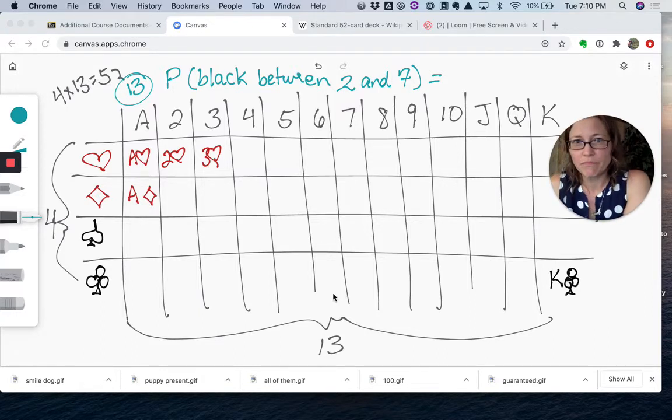That's fine. Number 13, we were trying to find the probability of a black card between 2 and 7. Now these spades and the clubs are the black cards, so half of the deck is black. But we don't just want black cards, we want black cards between 2 and 7. Now, the question is, do we include 2 and 7?